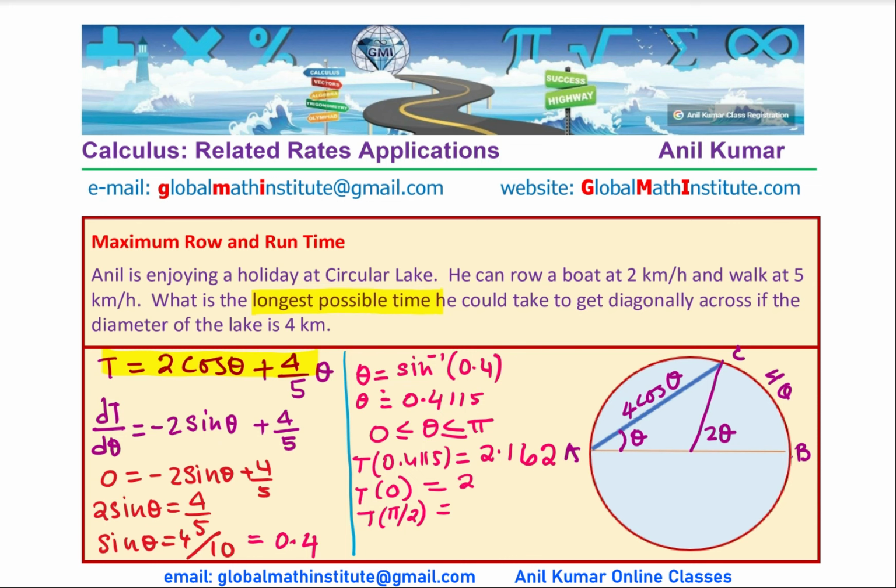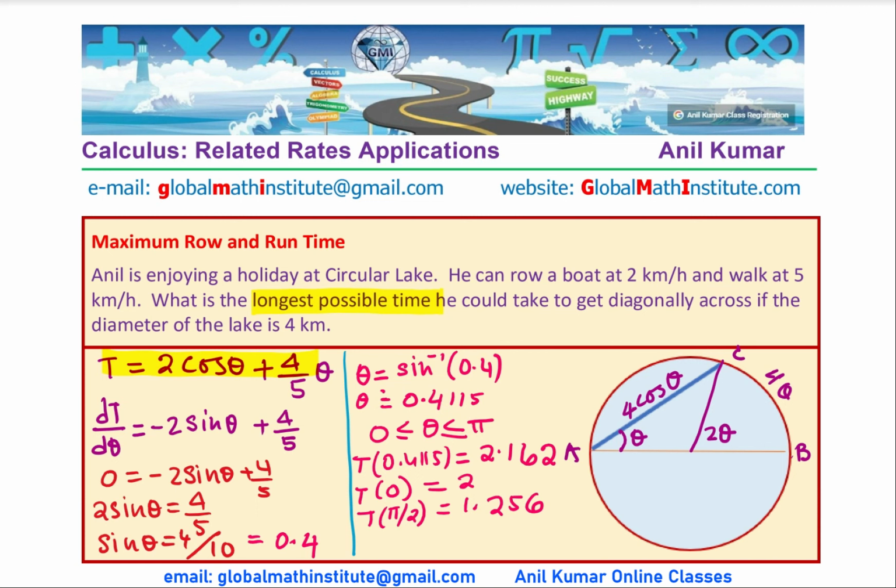So we get 0 in the first term, and we can do pi by 2 times 4 divided by 5. So that gives us a decimal value of 1.256. So that is very less.